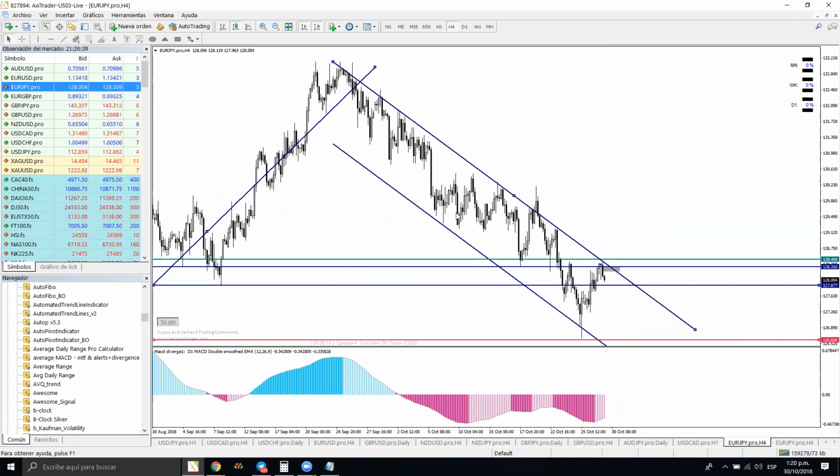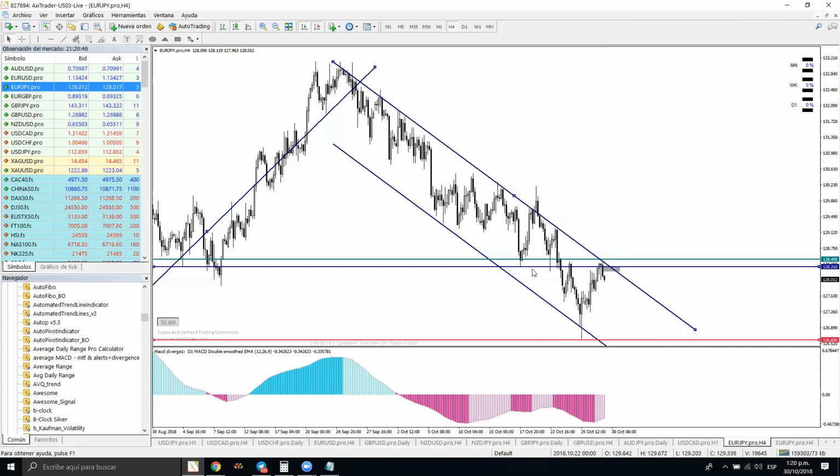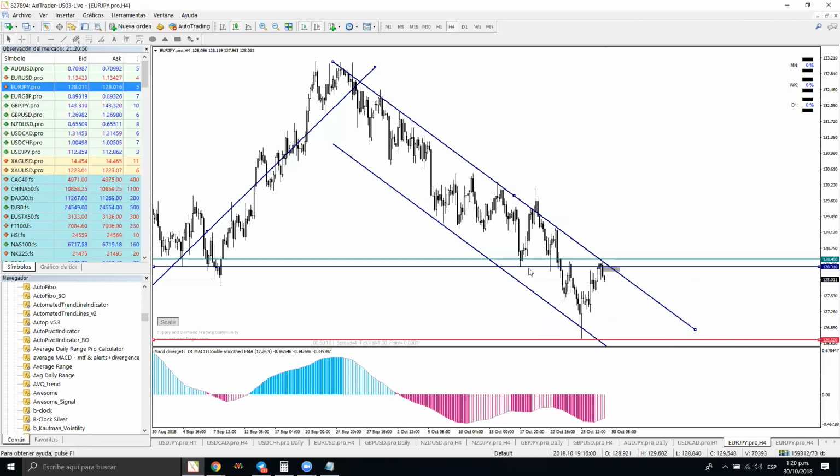Okay, let's go into some examples here again. Another opportunity from this same pair. Okay, in this case, let's see how we can enter this trade.